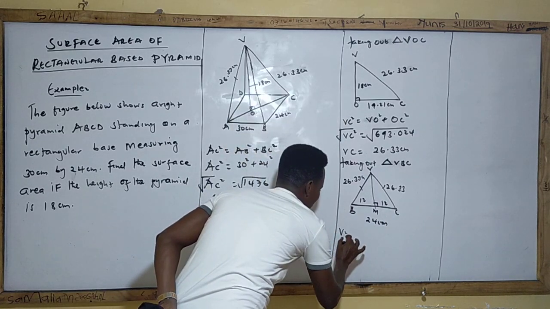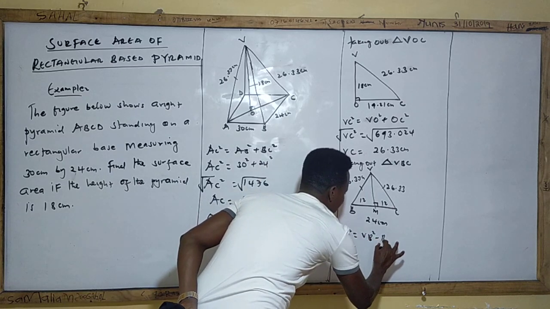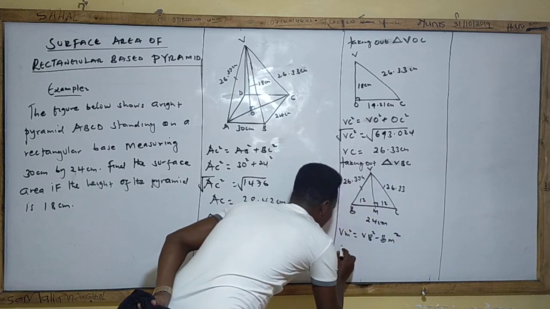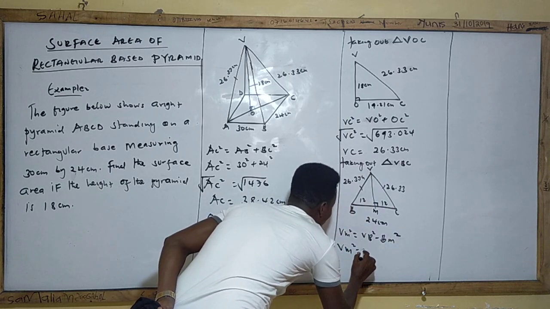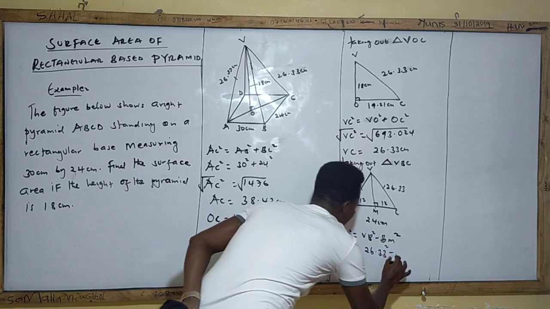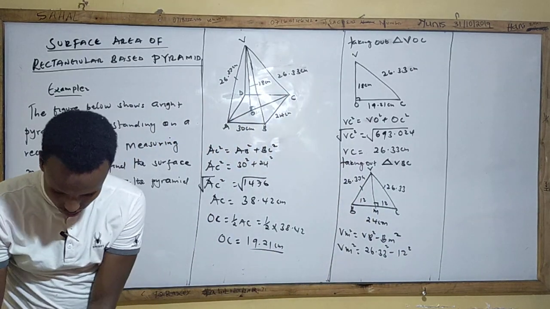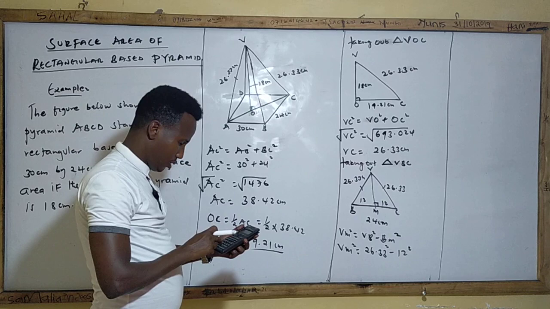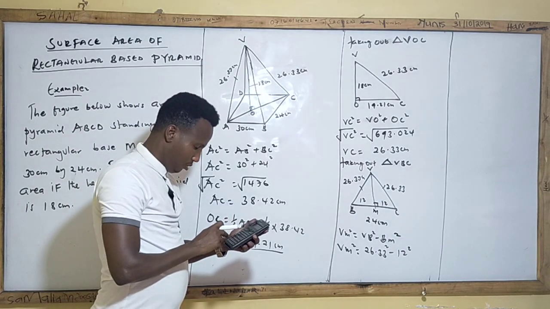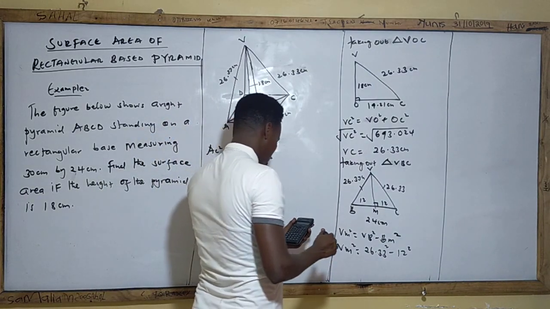I'll say VM squared is equal to VB squared minus BM squared. Just understand that. So VM squared is equal to 26.33 squared minus 12 squared. So that will give me 549.27.